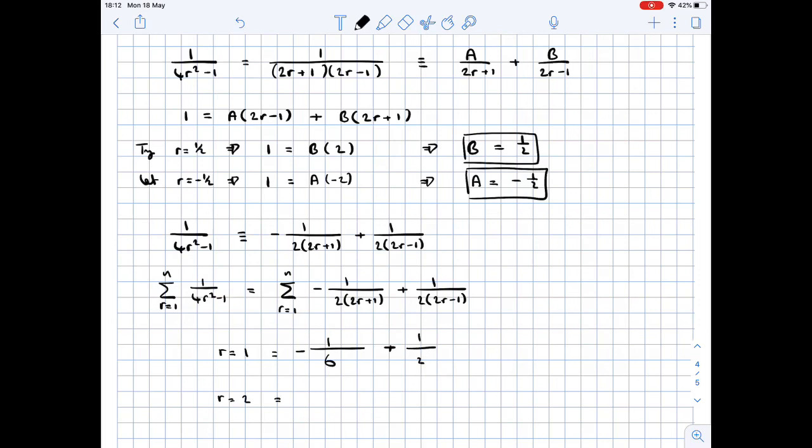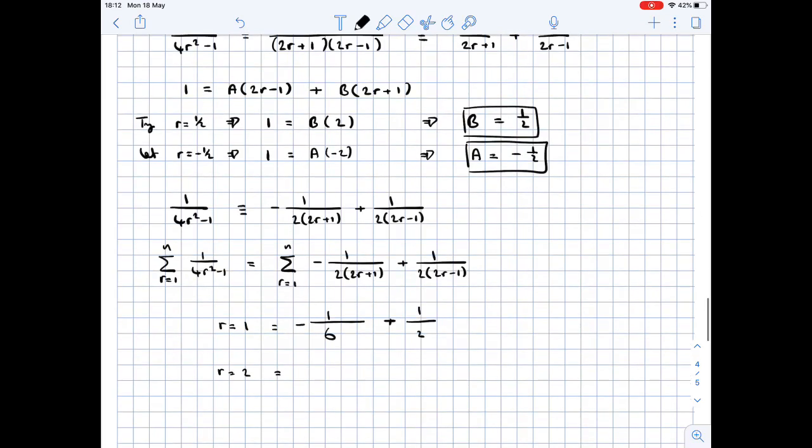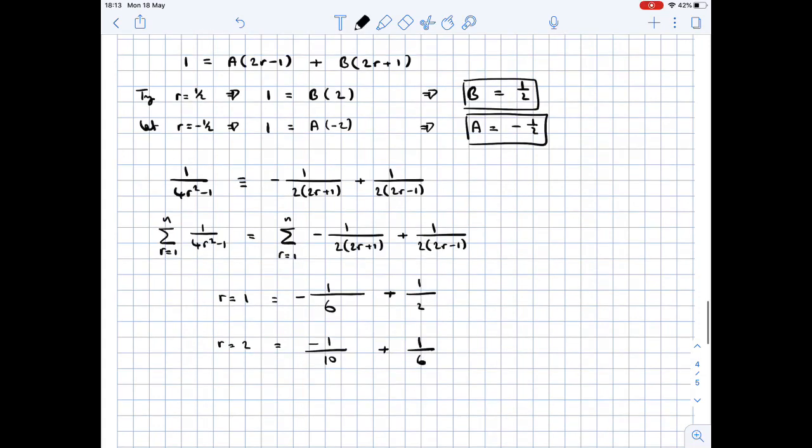When r is equal to 2, filling this in, we have 2 times 2, 4, plus 1, 5, times 2, 10. And the second one, 2 times 2, 4, minus 1, 3, so 6. And you start to spot, hopefully, that there's some cancelling going to happen. We'll do one more just to double check. Filling in 3, 2 times 3 is 6, plus 1 is 7, times 2, 14. On the next one, 2 times 3 is 6, take away 1, 5, times 2 is 10.